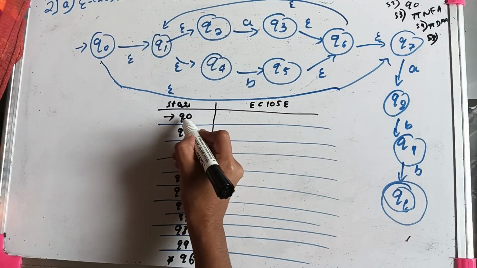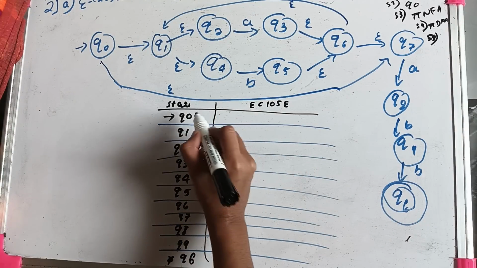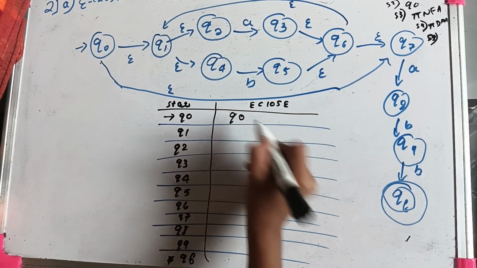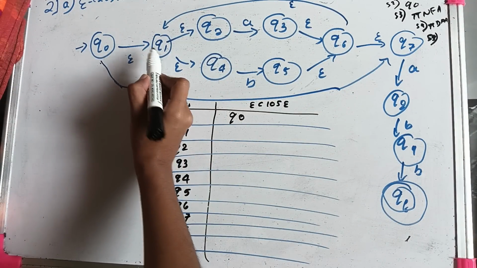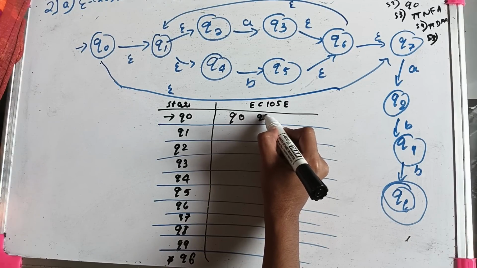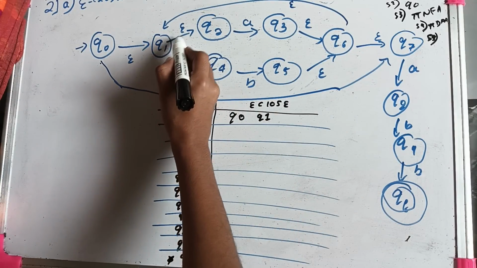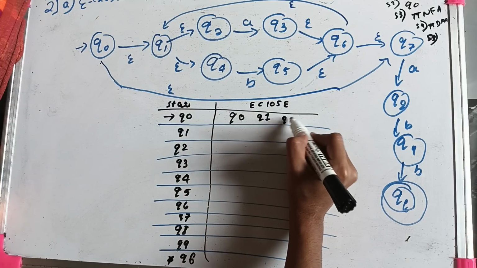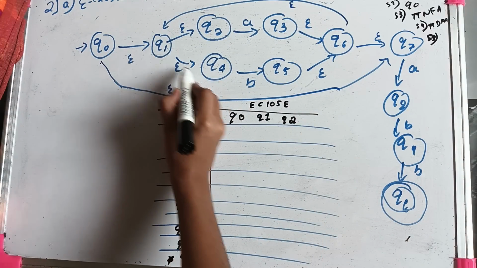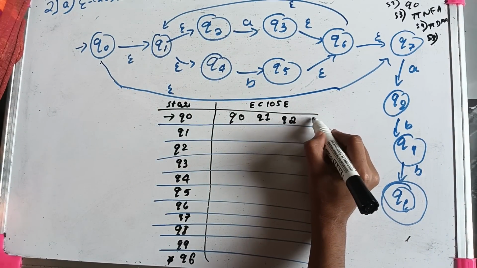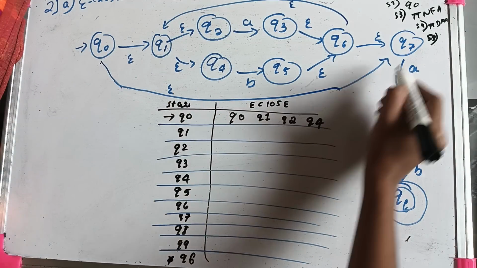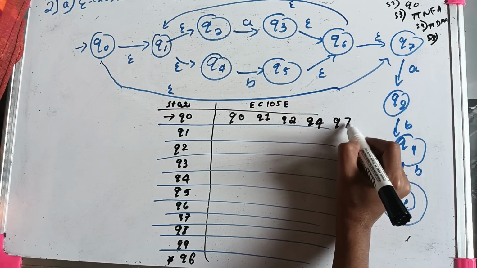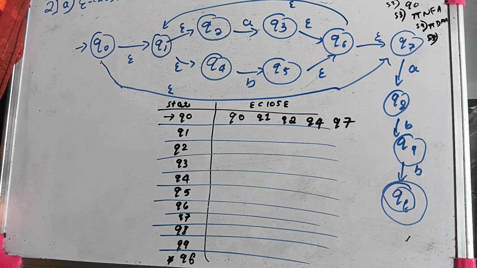For example, for q naught, the e-close of q naught is q naught itself, then check wherever epsilon goes. From here epsilon goes to the q1 state, write q1. After that it goes to the q2 state also, write that also. Next from here q4 also. Next another epsilon goes to q7, right? q7. So these are the e-close of q naught.